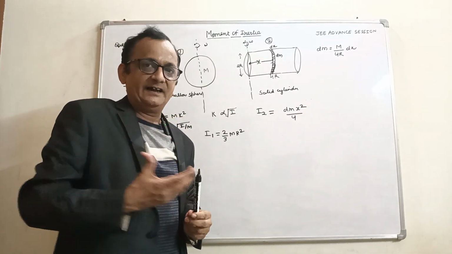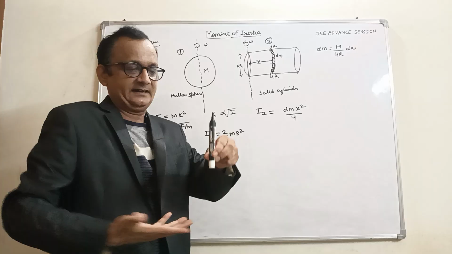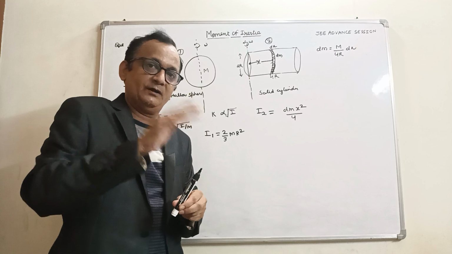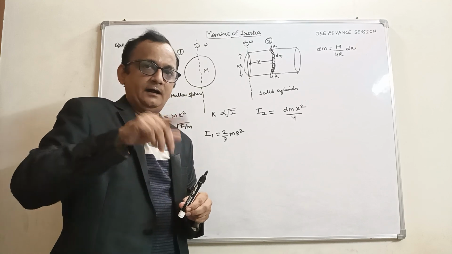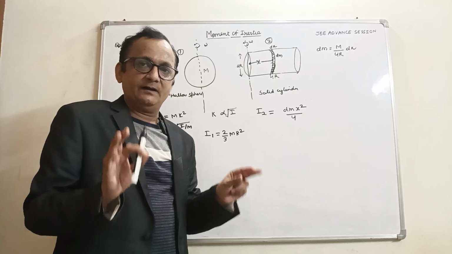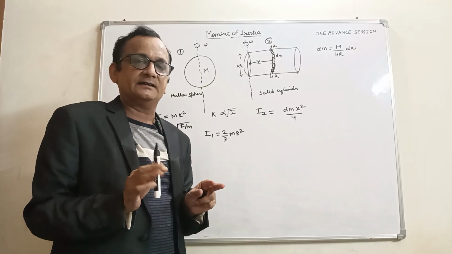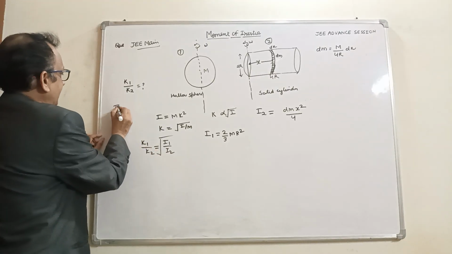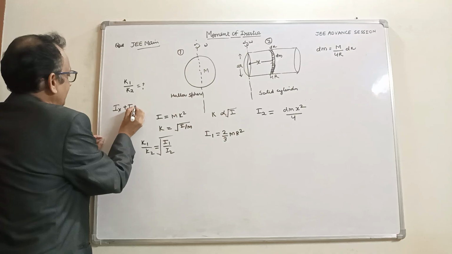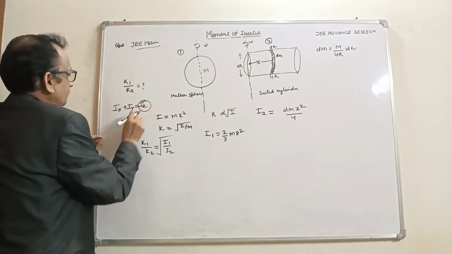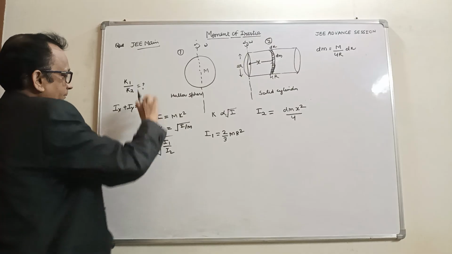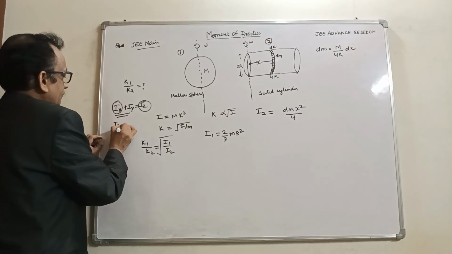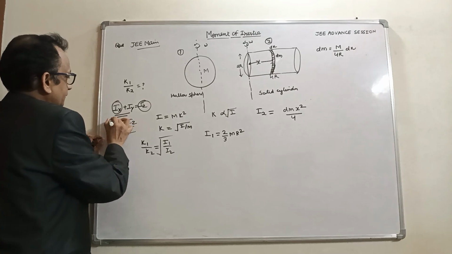When we find the vertical axis, this disk is rotating about the perpendicular axis, then moment of inertia would be m r square by 2. And when we take the moment of inertia about its diametrical axis, then I x plus I y would be I z. This is moment of inertia about the perpendicular axis. So when we find the diametrical axis, this becomes I z by 2.